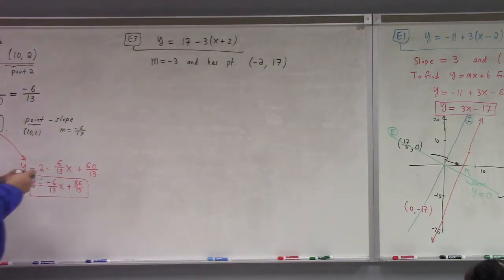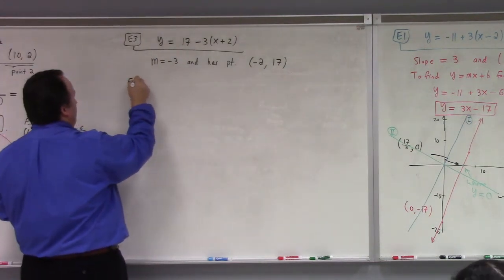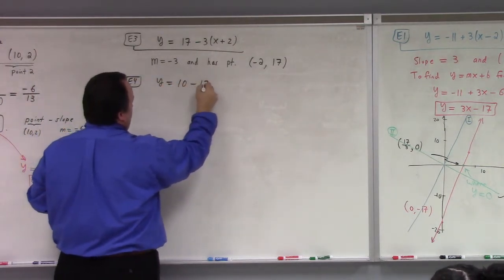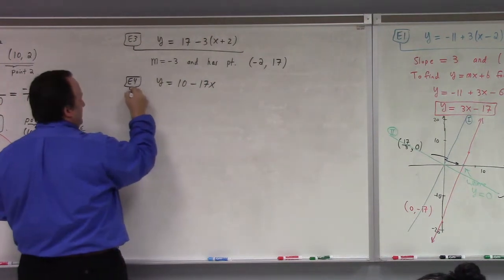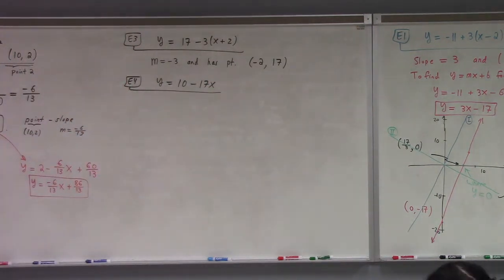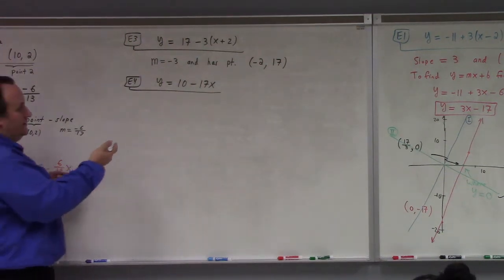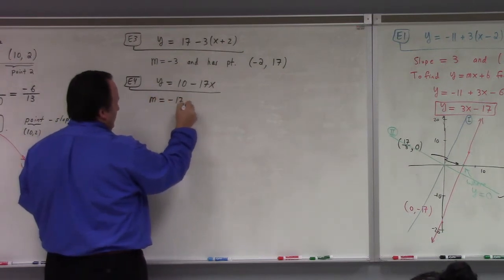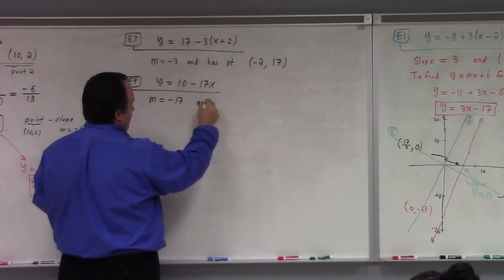Now, on the other hand, if I have y equals 10 minus 17x, like this, that is also a useful formula. It has information which you can read directly from it. What can I read directly from this formula? I can read that the slope is minus 17. And what else can I tell you?